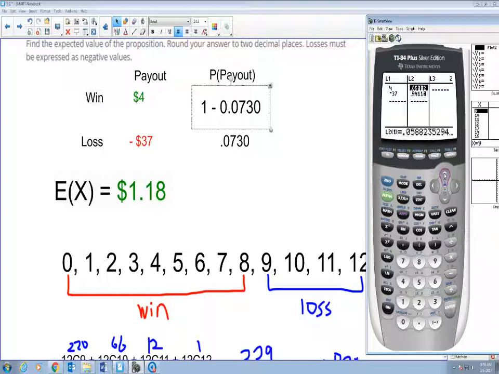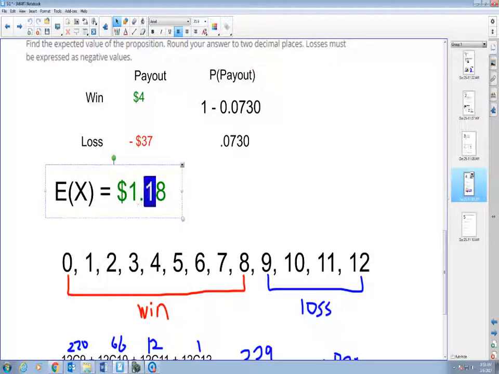Chance of winning is 1 minus 0.0730. Stat, calc, number 1, second L1, comma, second L2. Round to 2 decimal places, that'll be 1.01. So you expect to win 1.01.